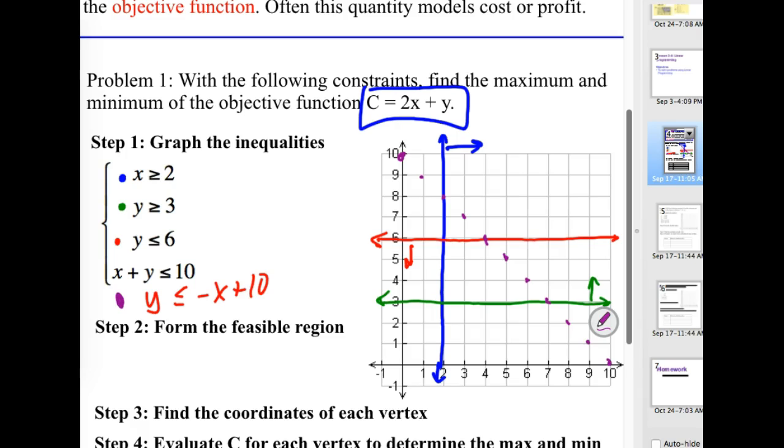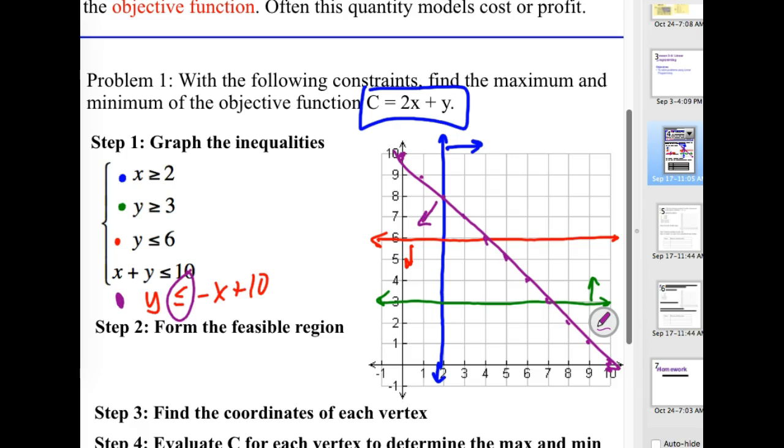Solid or dotted? Solid this time again. Okay. Are we shading above or below that? We want y to be less than or equal to it, right? So underneath, right? Less than would be underneath.